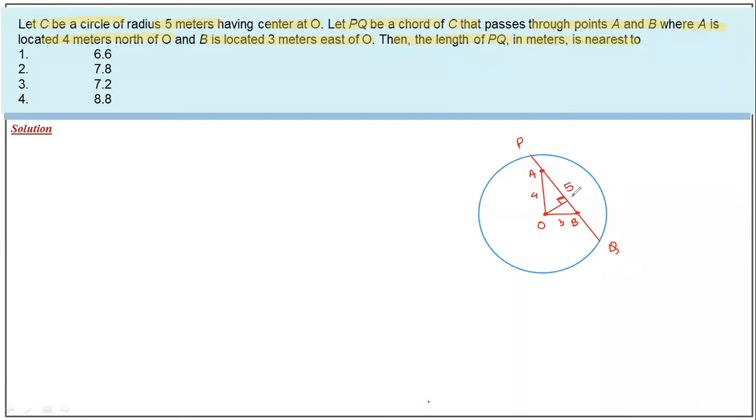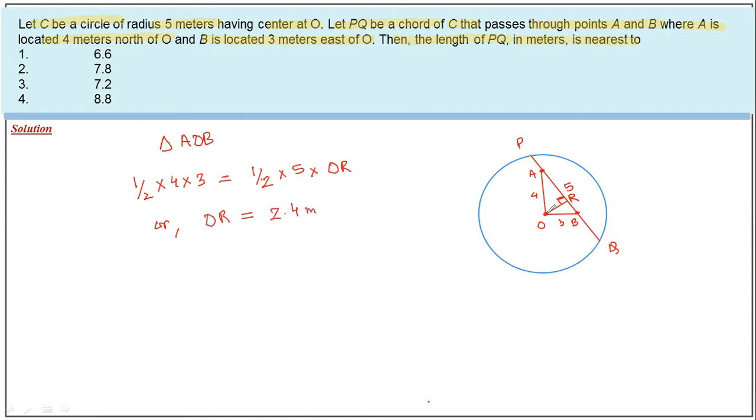If I name this point as R, then if we consider area of triangle AOB, then we have half into 4 into 3, that is equal to half into 5 into OR, or length of OR we get as 2.4 meters.